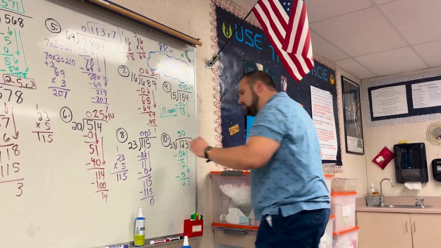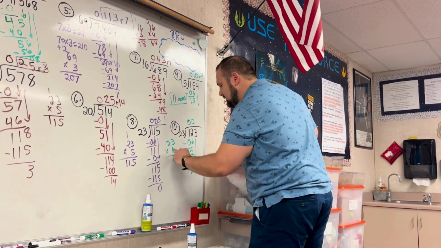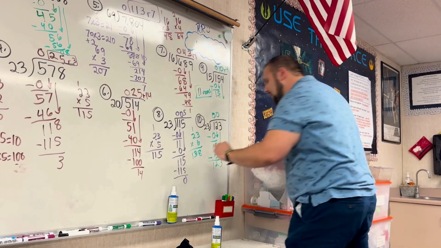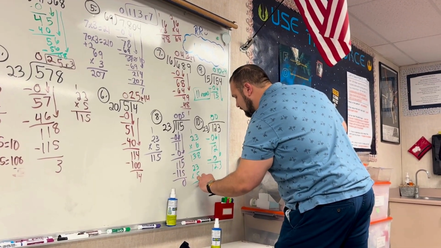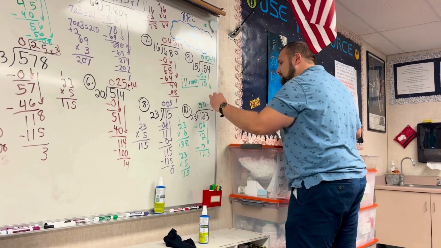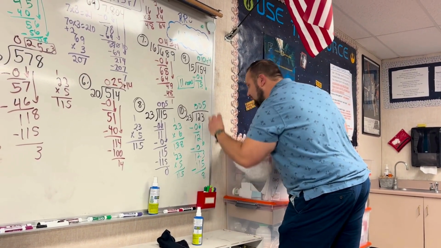Let's just try 23 times 6 and see if that works. It might not. Okay, 6 times 3 is 18. And we get 138. So it can't be 6. Let's try 5. 23 times 5. 5 times 3 is 15. And 115. So it's going to be 5 times. And when we subtract 115, we have 8 left over.